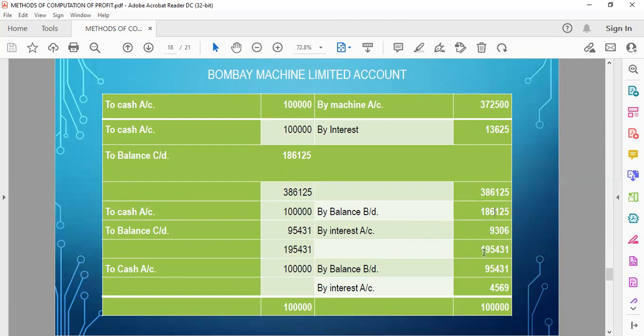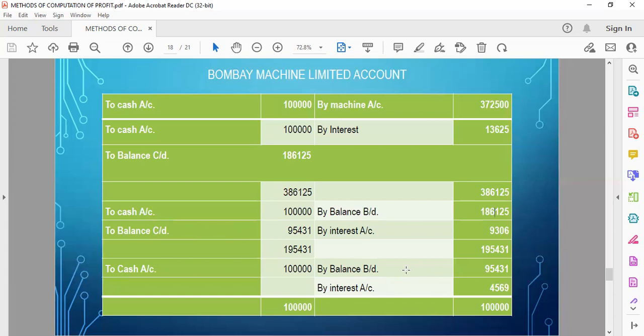Just you put the total here 1,95,431. Put the total both sides 1,95,431. Just to subtract 1 lakh, you will get the balance amount to balance CD 95,431. Just to bring down that balance amount by balance PD.